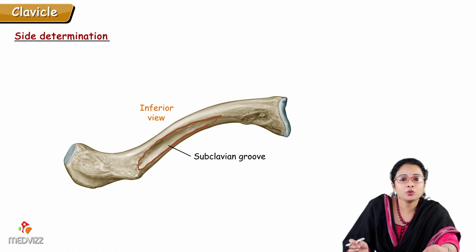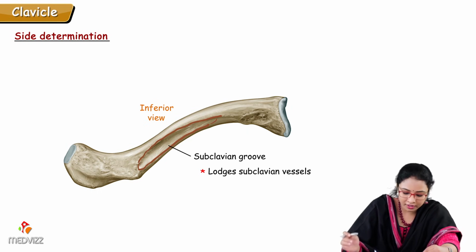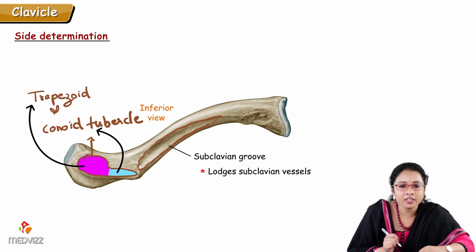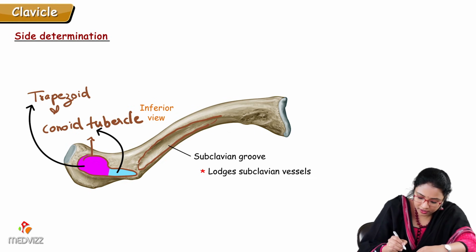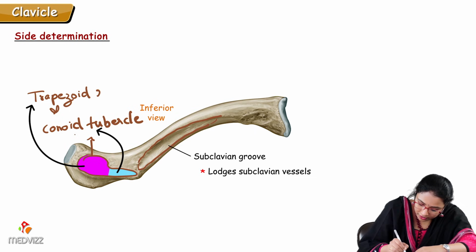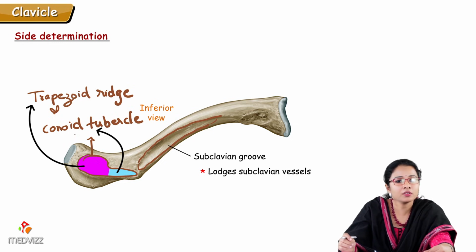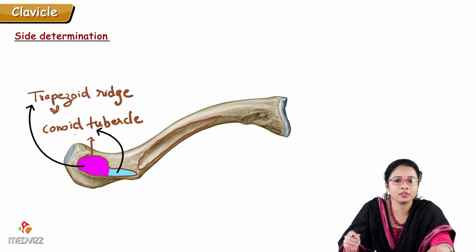The subclavian groove lodges subclavian vessels, means subclavian artery and vein. And we can see the conoid tubercle and trapezoid ridge present laterally on the inferior surface. The rough portion on the lateral side on the inferior aspect is the conoid tubercle and trapezoid ridge. Both give the rough impression on the inferior surface on the lateral side of the clavicle.